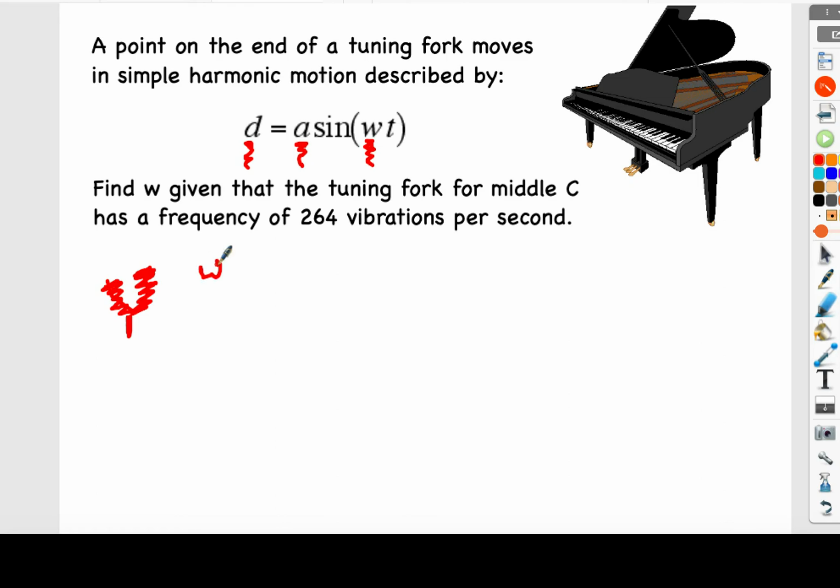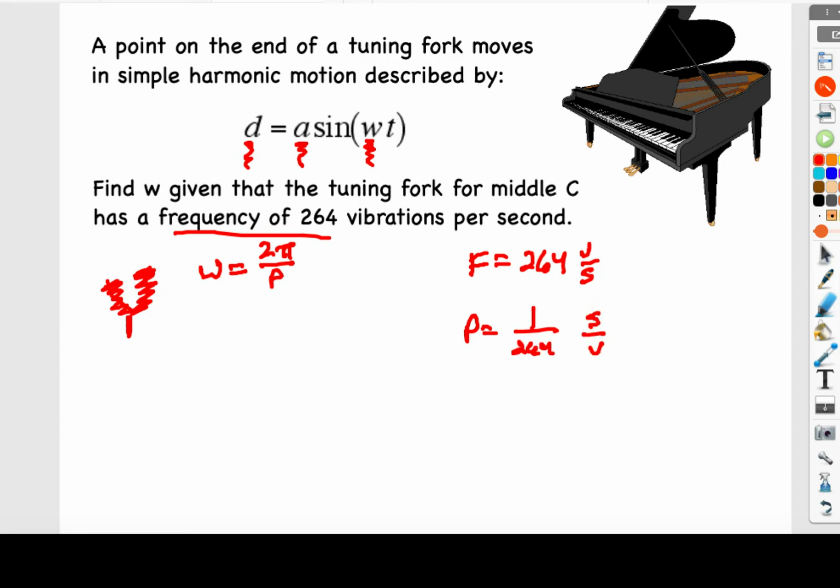Well, remember that W is equal to 2 pi over the period. And if the frequency is 264 vibrations per second, the period is going to be 1 over 264 seconds per vibration. We're just flipping that over.